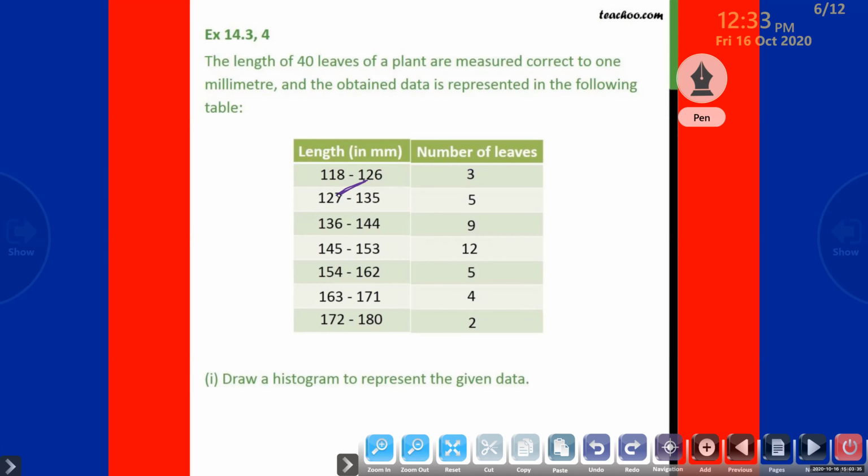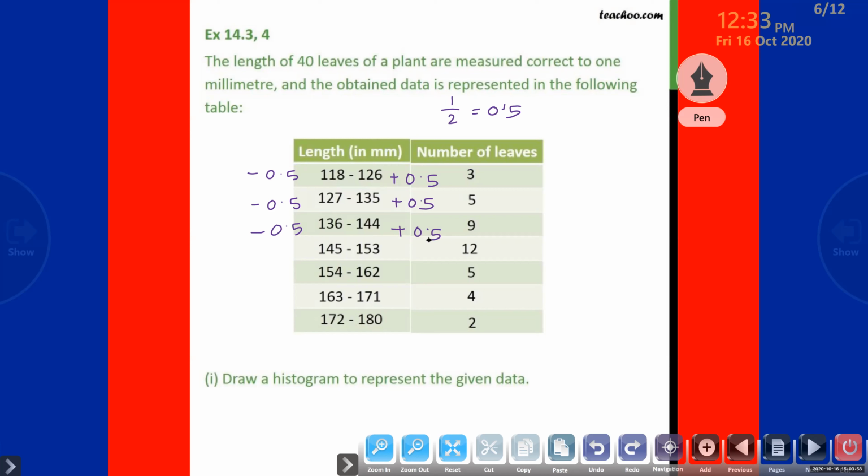So take the half of it, 1 by 2 equal to 0.5. So how can you make it continuous? You have to subtract 0.5 and add 0.5 here. Here also subtract 0.5, add 0.5. Here also subtract 0.5 and add 0.5.